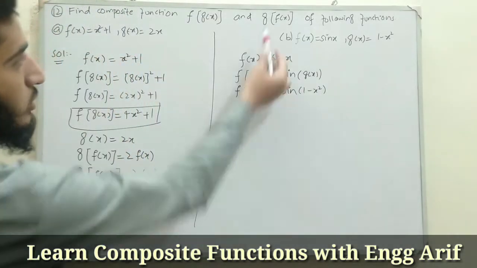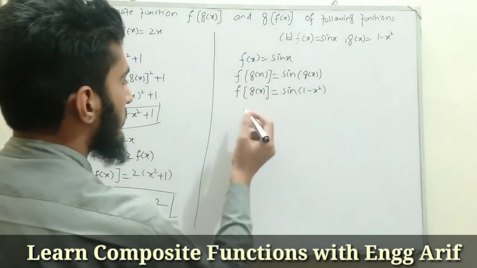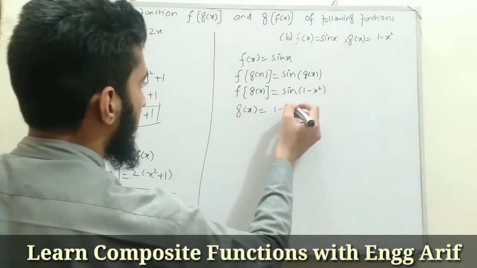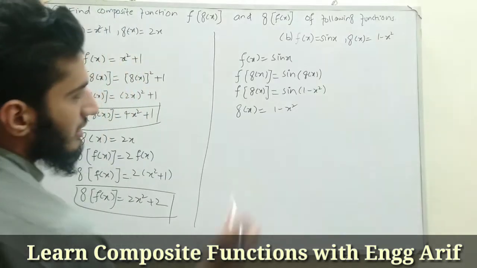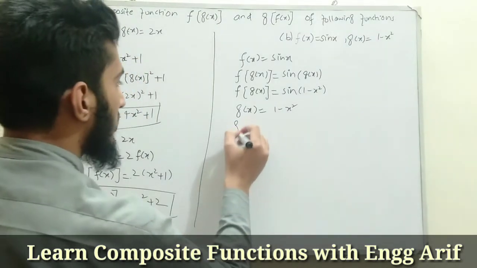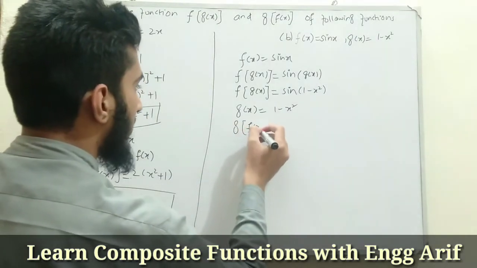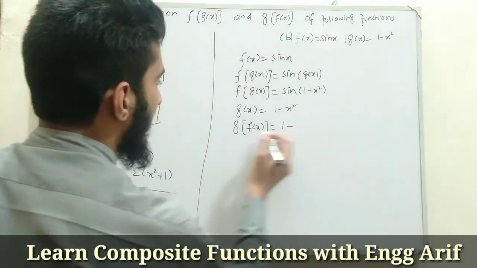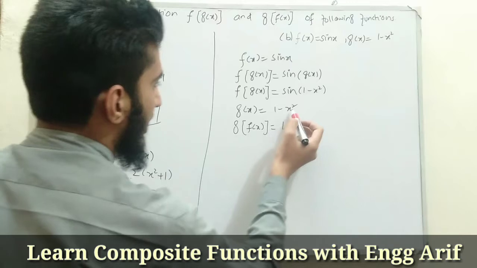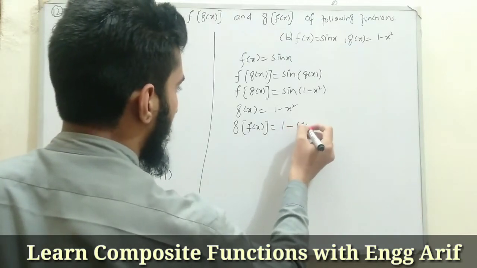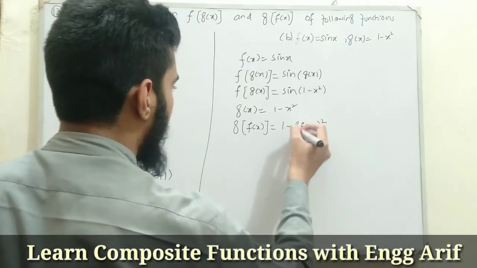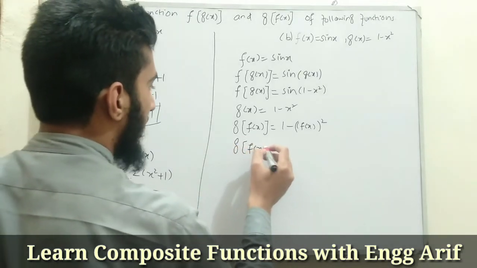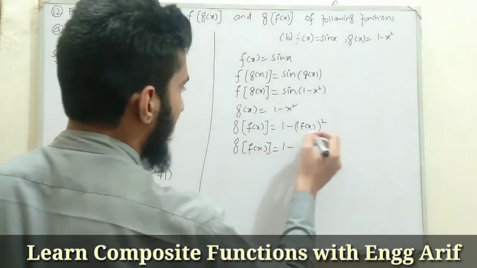Now after this I am going to find g of f of x. So I will take g of x, which is equal to 1 minus x square, given over here. Now I replace this x with f of x, so it becomes g of f of x is equal to 1 minus (f of x) whole square.